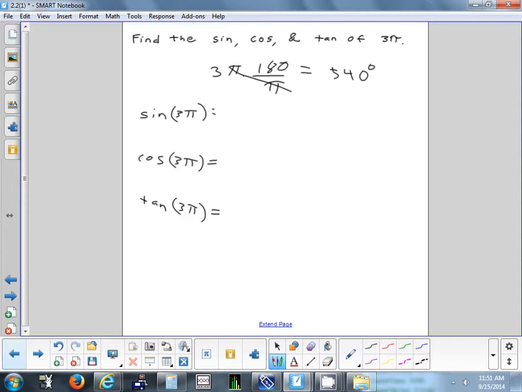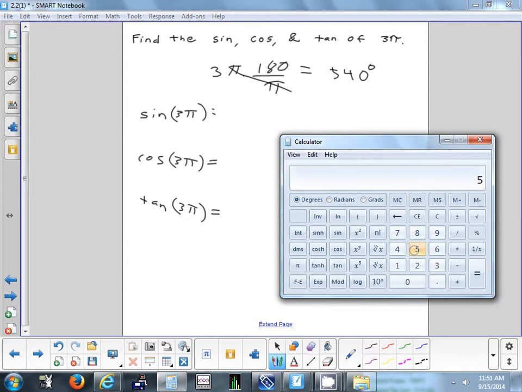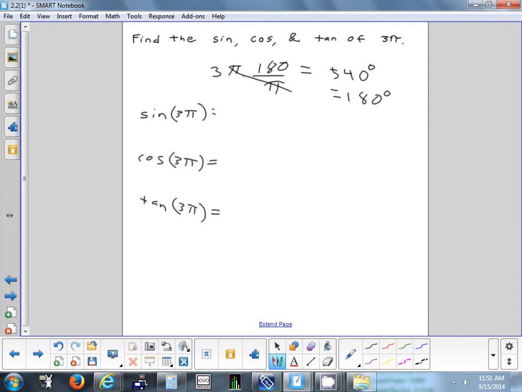Sean, you remember what we can do with that to make it smaller? Yeah, you go clockwise, so it would be minus 360. Yep. So really, we're only working with a 180-degree angle. Now we know our angle. We've made it small enough we can work with it.